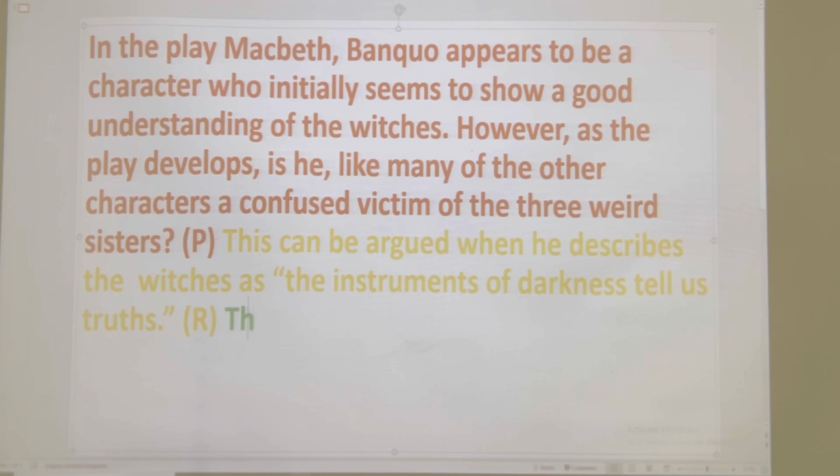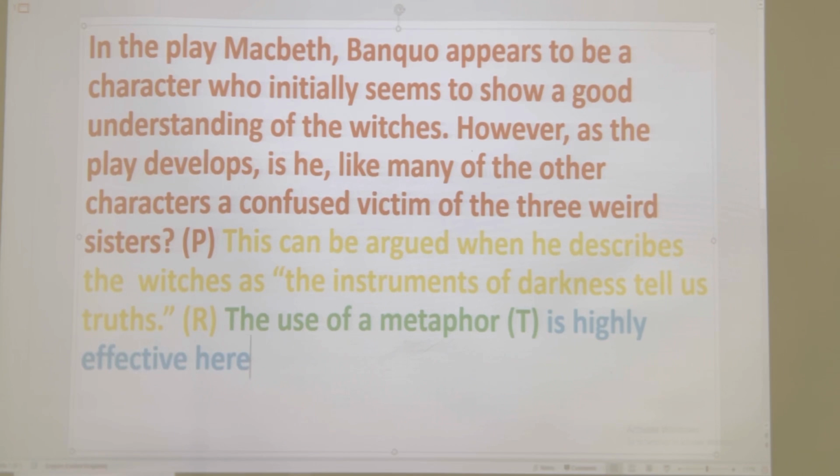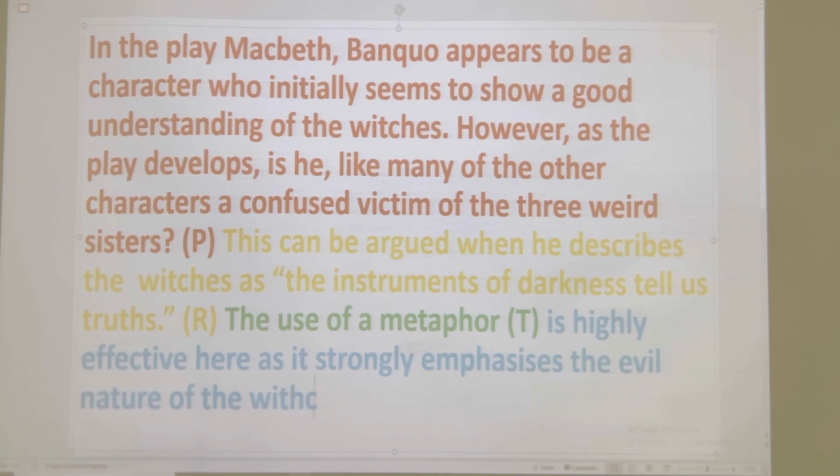Now, as you know, the use of a metaphor is highly effective here, and it strongly emphasizes the evil nature of the witches.